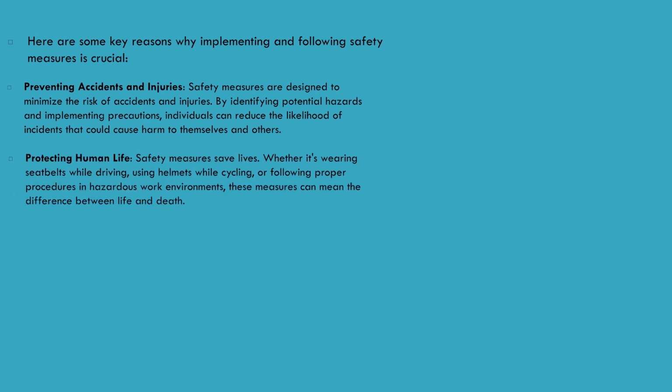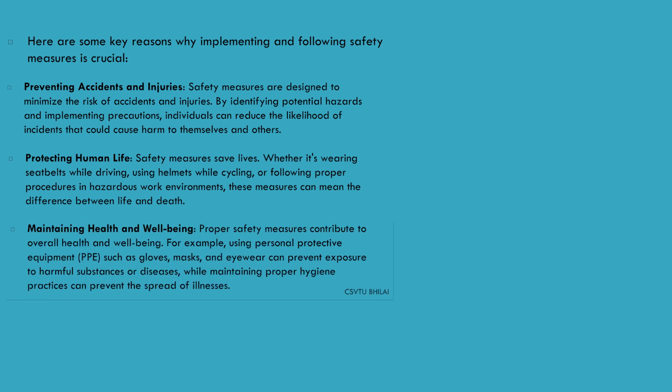Protecting human life. Safety measures save lives, whether it is wearing seat belts while driving, using helmets while cycling or following proper procedure in hazardous work environments. These measures can mean the difference between life and death.